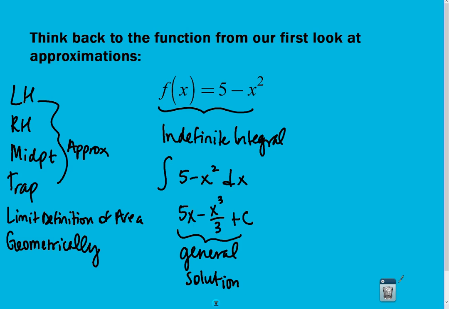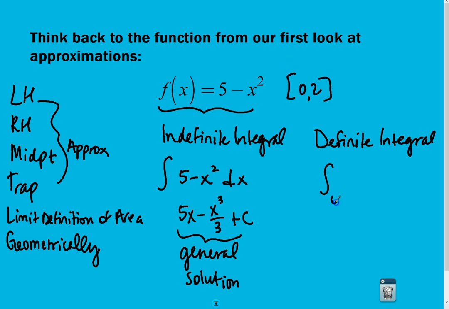Now what we could also do, and what we did in the past, is a definite integral. It's been a little while since we did this. For this function, we wanted the area from 0 to 2.